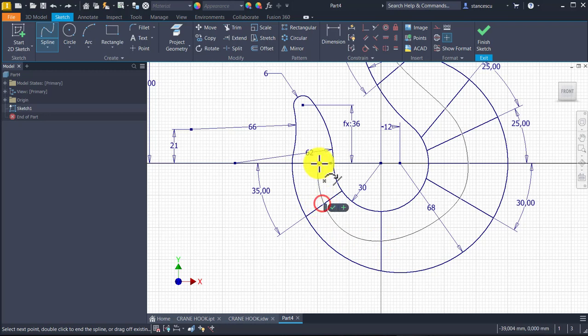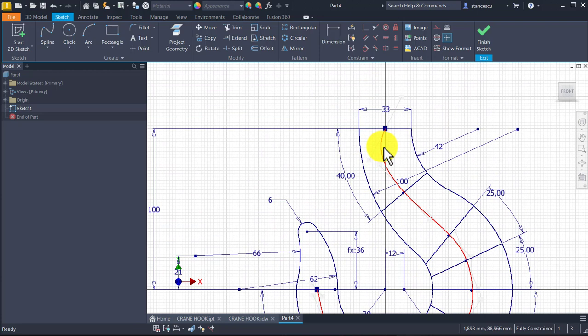Okay, and that's all. Here I place perpendicular this end to this. You see, fully constrained.